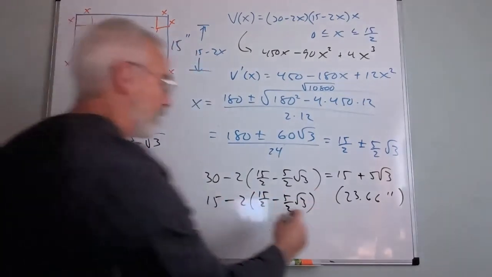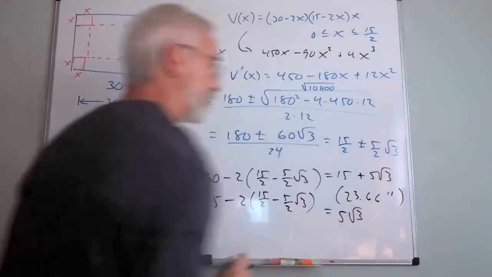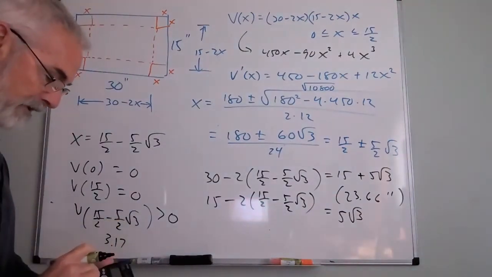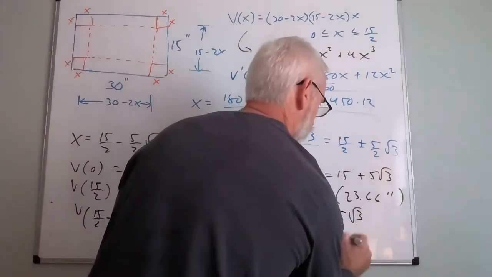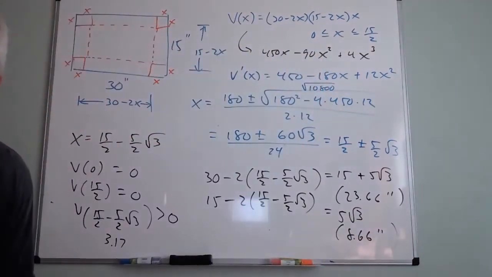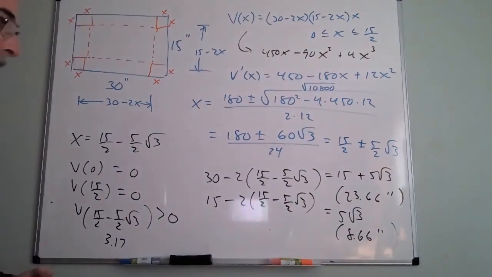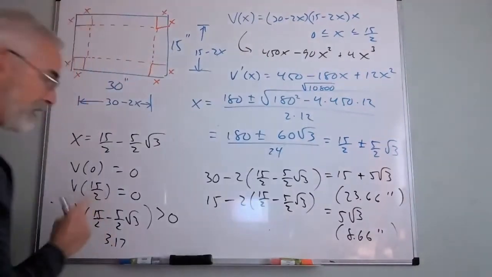Well, that's 0. So this would just be 5 root 3. And 5 root 3 is about 8.66 inches. So my box is going to be basically this long, this wide, this tall.